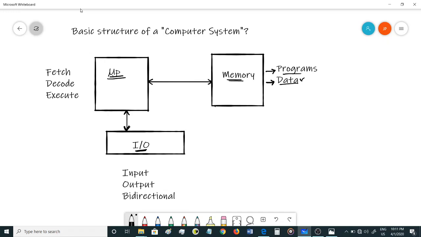And then comes your processor. Now how are these programs or data stored? We already discussed that everything is stored as binary numbers. Each and every instruction has an opcode in binary form, a combination of zeros and ones, which is stored in the memory. The data is also stored in the form of zeros and ones. Let's say you have a Word file.